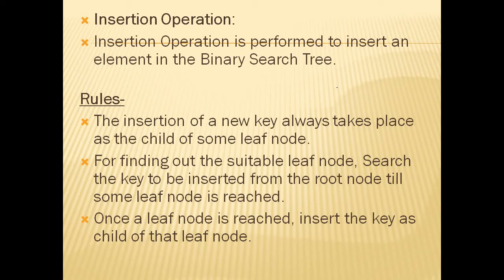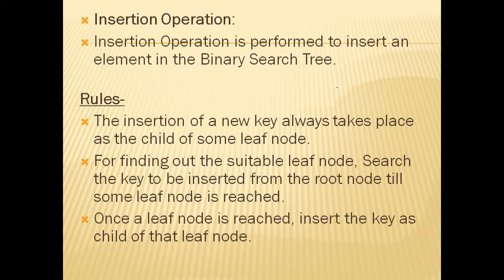Next we discuss the insert operation. When you go for the insert operation, we need to follow some rules. The rule is: the insertion of a new key always takes place as the child of some leaf node, so it will be added to a leaf node only.